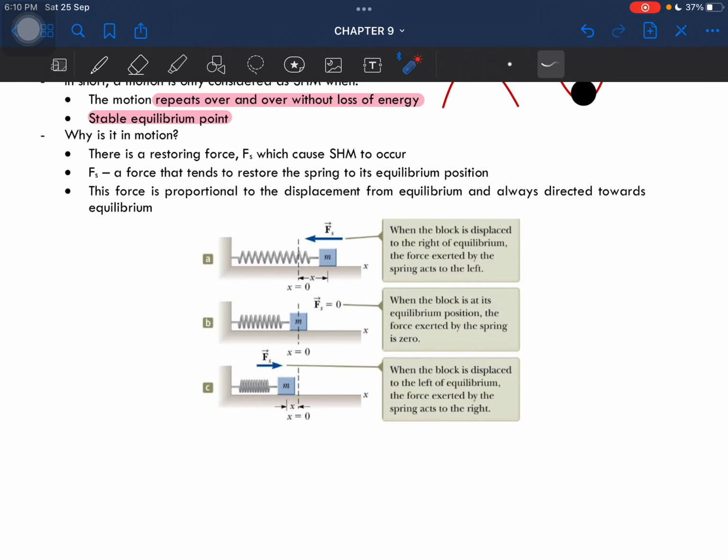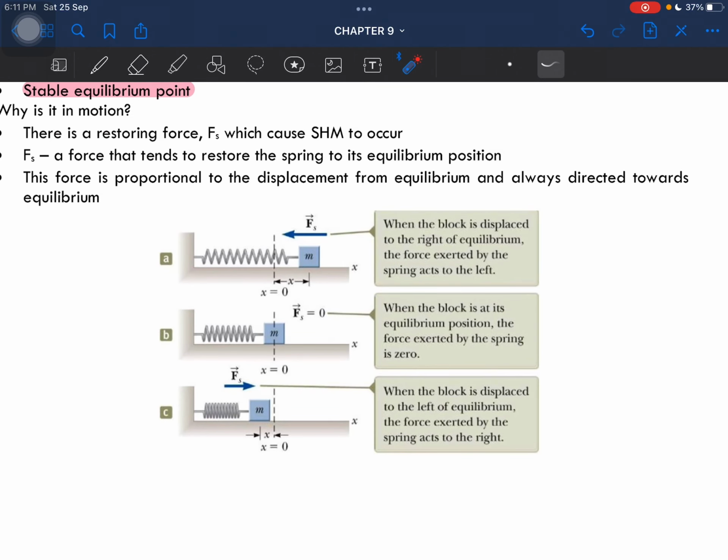For example, if we look at this one now, the force exerted by the spring acts to the left. It means if we pull this block to the right, the force will try to restore it back to this position where it is at equilibrium.